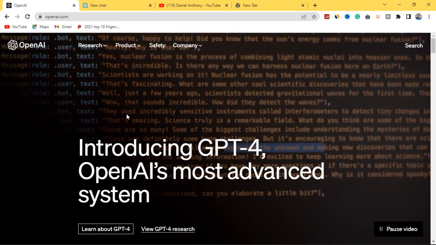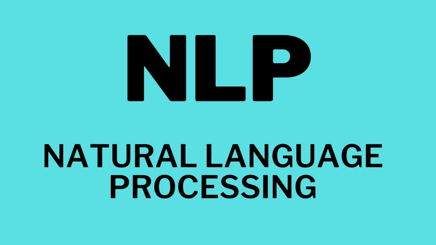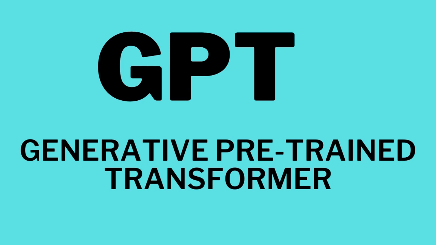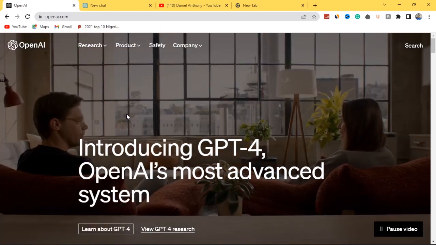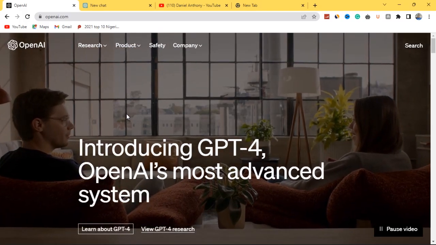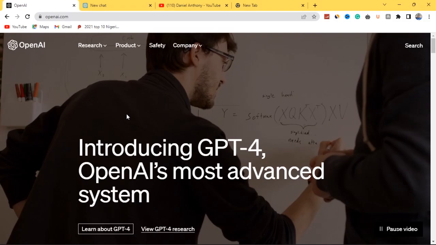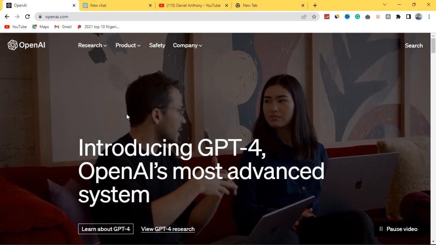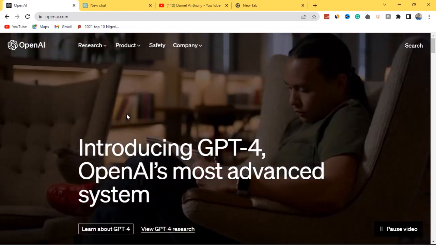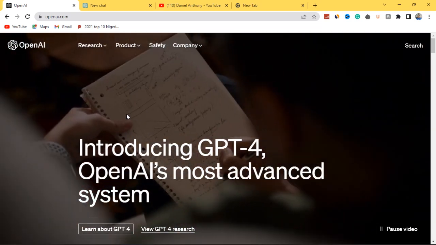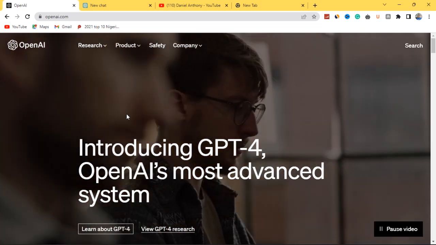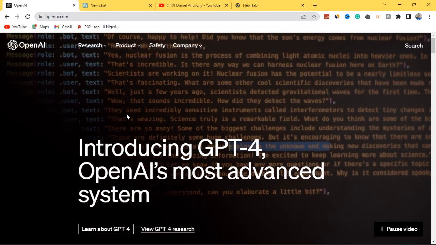It works with AI, that's artificial intelligence. Then it equally works with NLP, that's natural language processing. Then it works with GPT, that's a generative pre-trained transformer. Then the last one that helps ChatGPT work very well is LLM, which is the large language model. The large language model is a deep learning algorithm that can recognize, summarize, translate, predict, and generate text and other content based on knowledge gained from massive data sets.